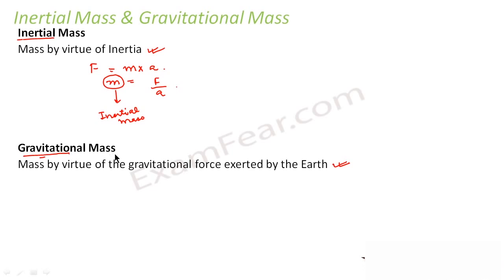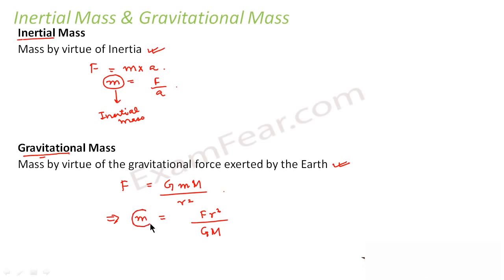So when I talk of gravitational mass, I talk of the gravitational force exerted by the earth. That means I talk of the universal law of gravitation, which says F is equal to G m1 m2 by r square. That means here the mass of the object is equal to F into R square divided by capital G into capital M. Here capital M is nothing but the mass of the earth.